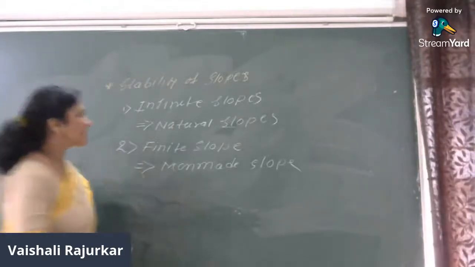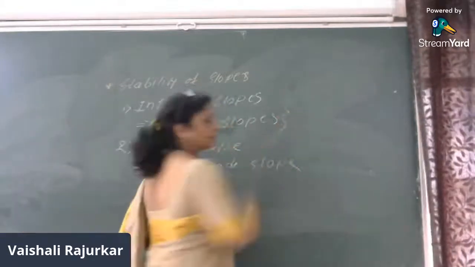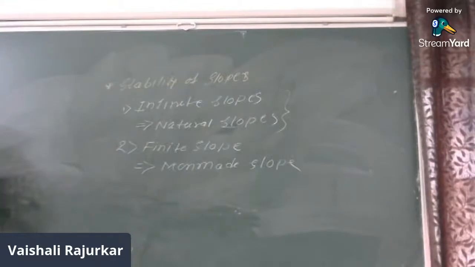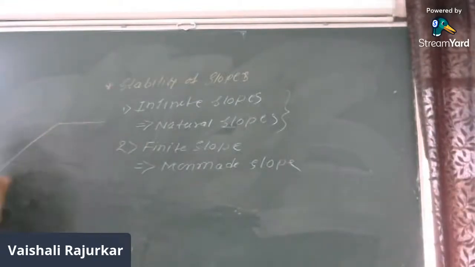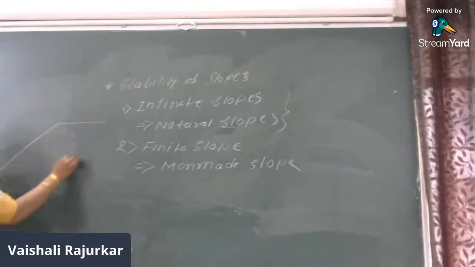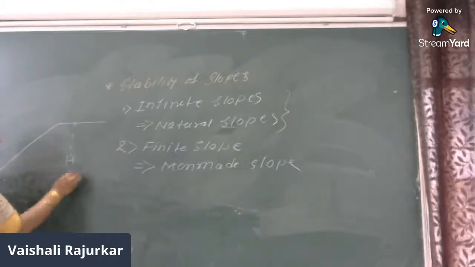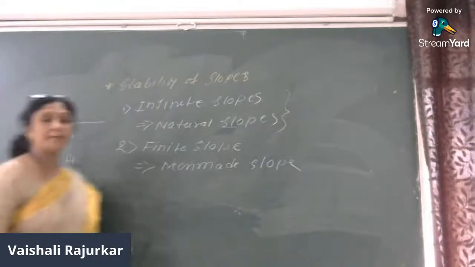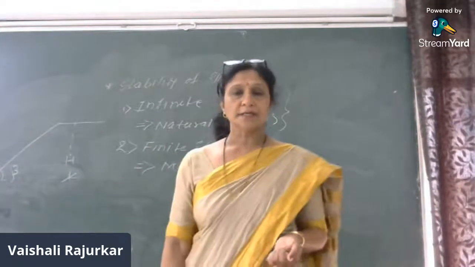Now, always remember that whatever the dimension, whatever the angle of the slope, suppose I consider this is the angle of the slope, and this is the height of the slope. This angle is called beta. Beta is the angle of inclination of the slope.